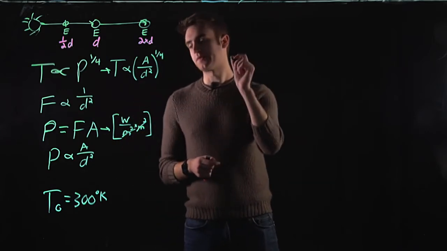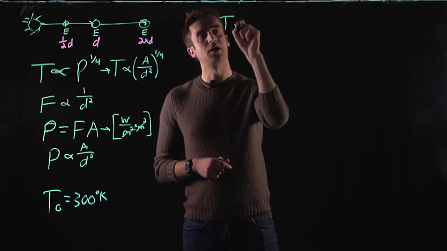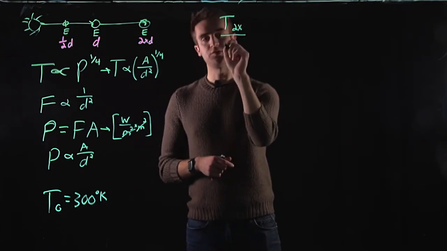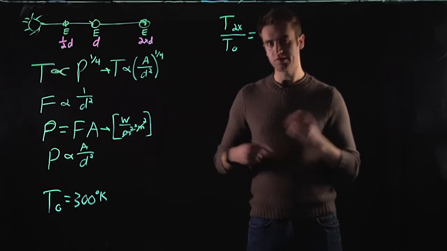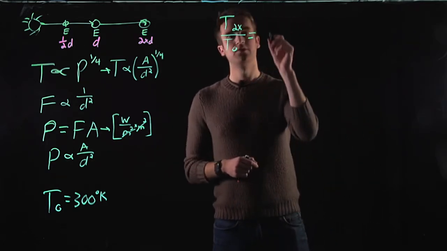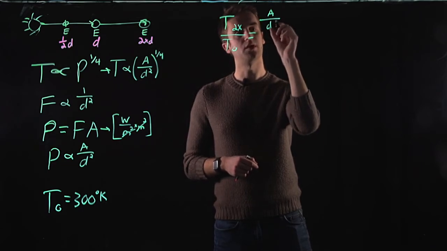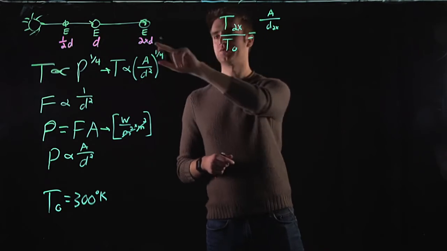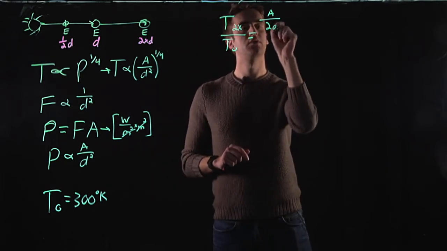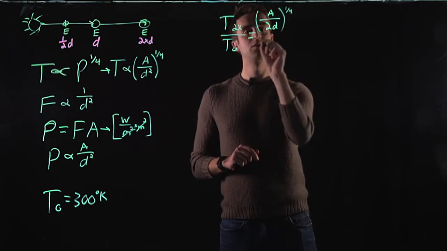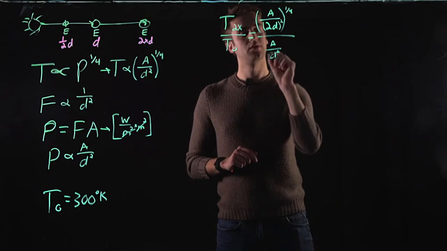Well, we can set up a proportionality to do that. We can make the assumption that the temperature at 2 times the radial distance over the temperature at its current radial distance equals, and let's substitute in the proportionalities, let's say that these changes scale equivalently, A over 2d, both squared, to the 1/4, over A over d squared, to the 1/4.